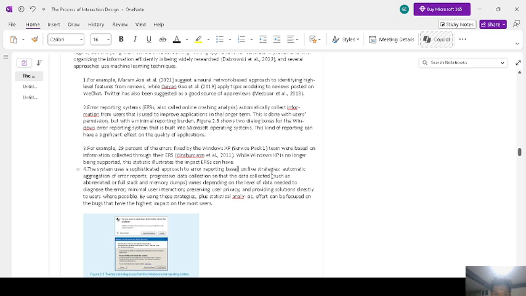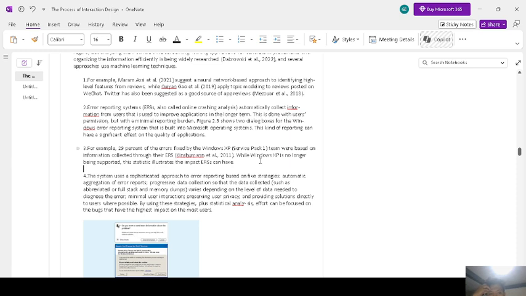This kind of reporting can have a significant effect on the quality of applications. For example, 29% of the errors fixed by the Windows XP Service Pack 1 team were based on information collected through their ERs. While Windows XP is no longer being supported, this statistic illustrates the impact ERs can have.